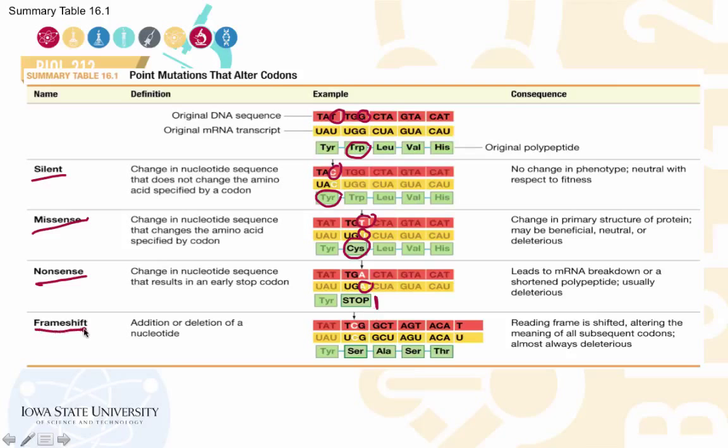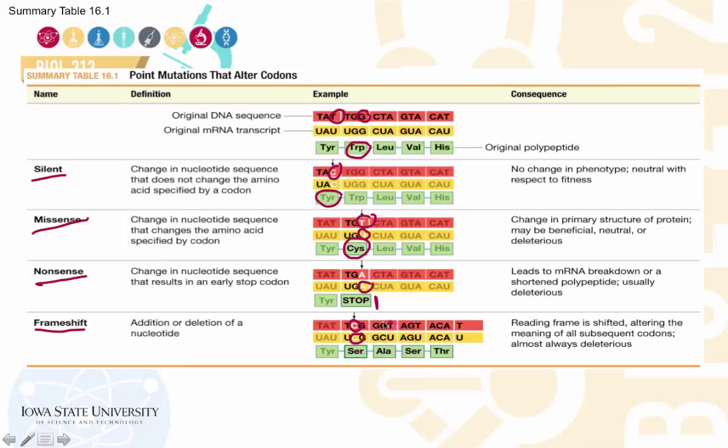And the last kind of mutation that can take place is called a frameshift mutation. This results when an extra base is added to the DNA or an existing base is accidentally removed from DNA. In this case, an addition is shown. The base C is added to the DNA sequence, resulting in its passage into the mRNA sequence.